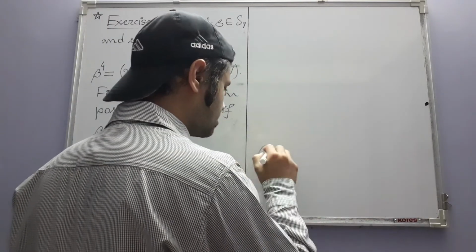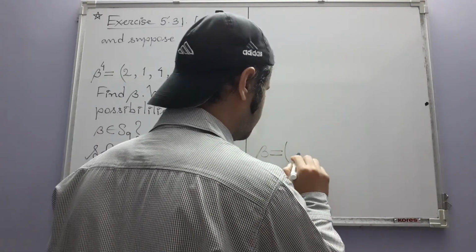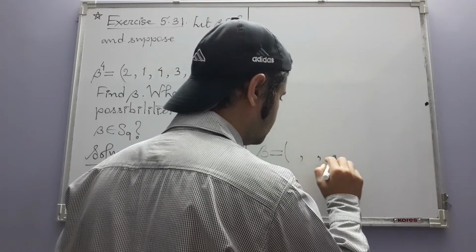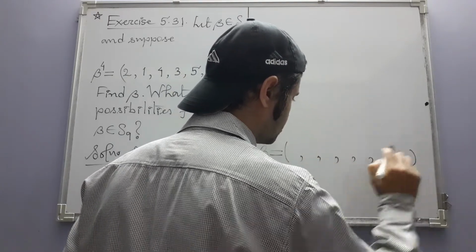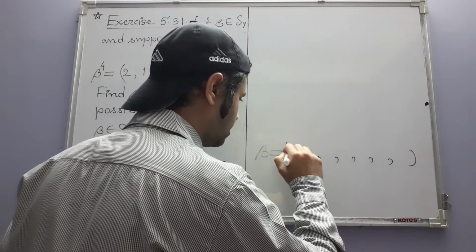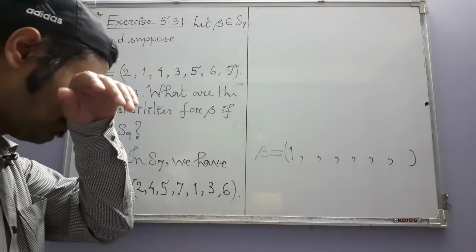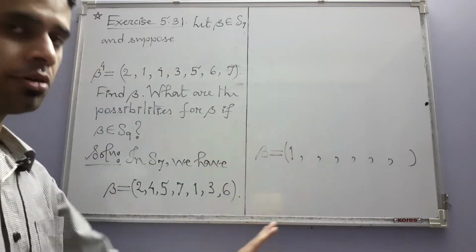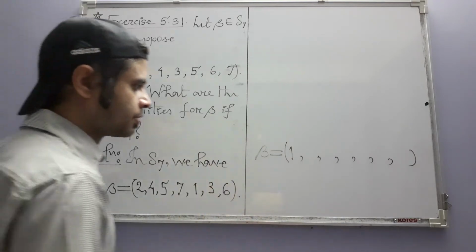Beta is a 7 cycle. So let me write the form first. 1, 2, 3, 4, 5, 6, 7. Okay. So beta will definitely take 1 to something, and we now know that something is not 1, it is some symbol other than 1.